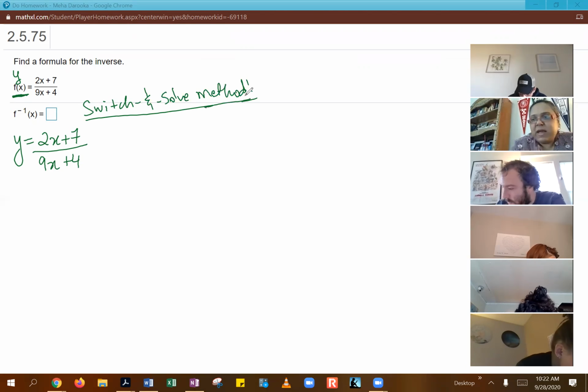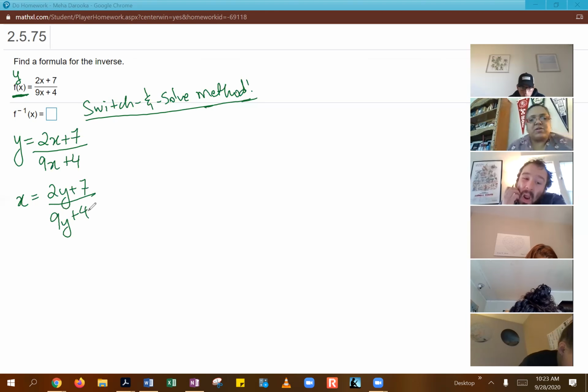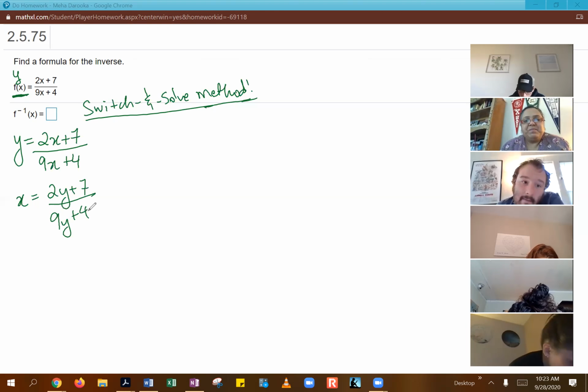Okay, so once you have this, now interchange the x and y variables. So the y becomes x, and in both numerator and denominator, the x will become y. So you should have x equals (2y plus 7) divided by (9y plus 4). Everybody with me so far?